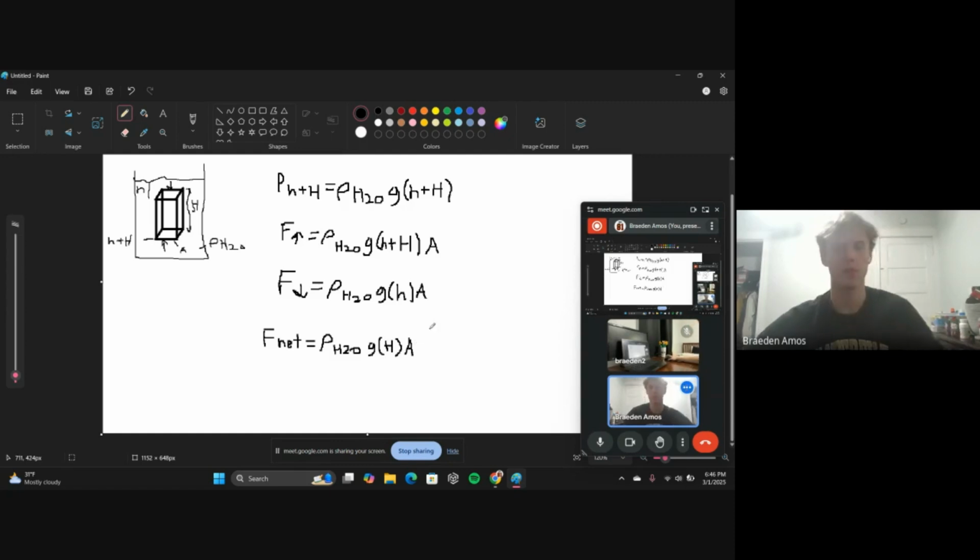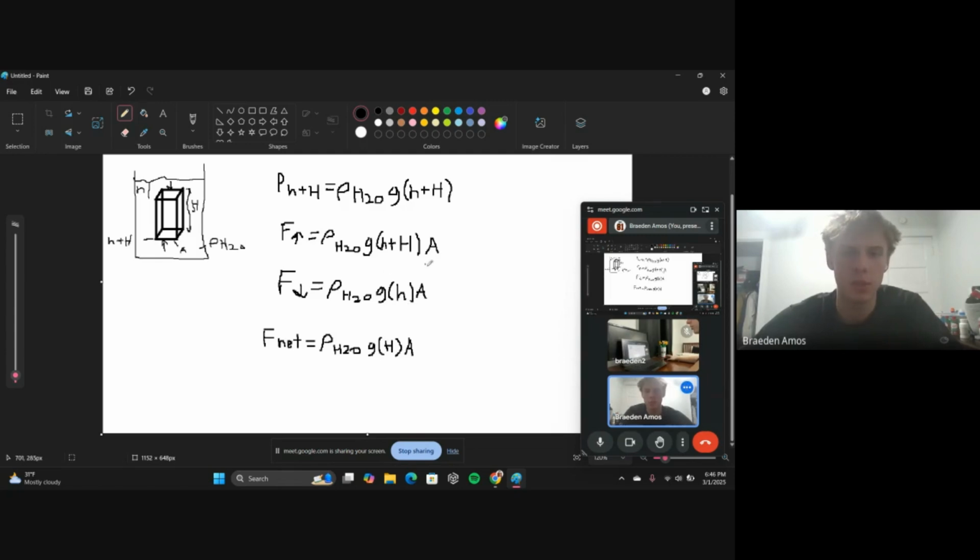And if you notice, this is the density of water, and this is the volume, and this is the gravity. So the net force is equal to the weight of the displaced water, and that's it.